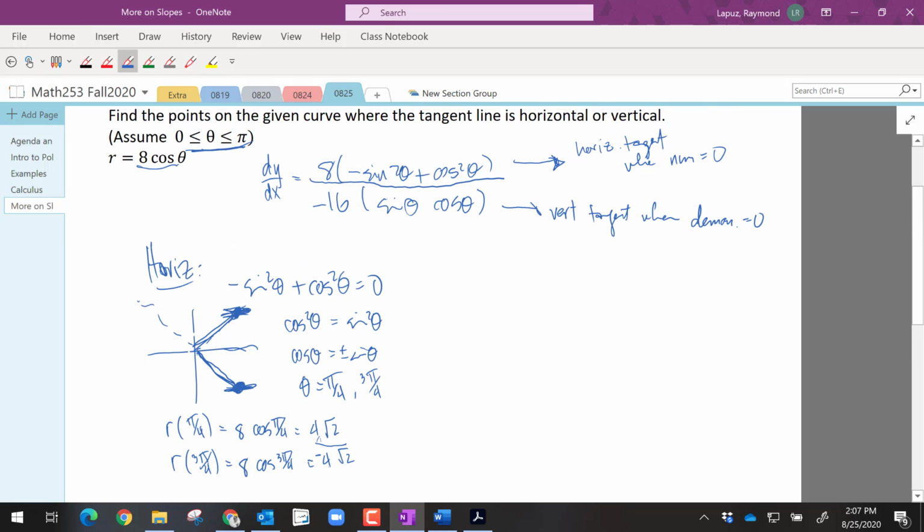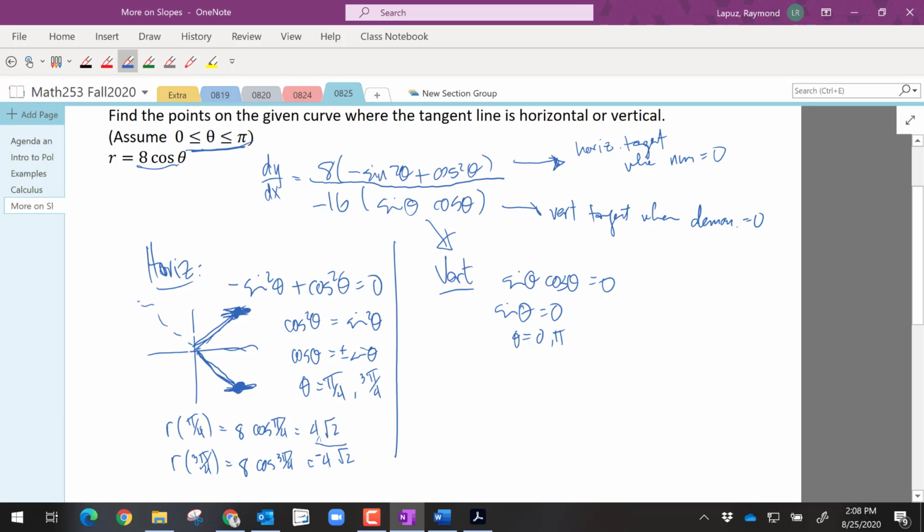All right, let's take a look at the vertical side. We're going to set the denominator equal to 0. We're going to say sine theta times cosine theta equals 0. So that means either sine is equal to 0, which means theta is equal to 0 or pi.